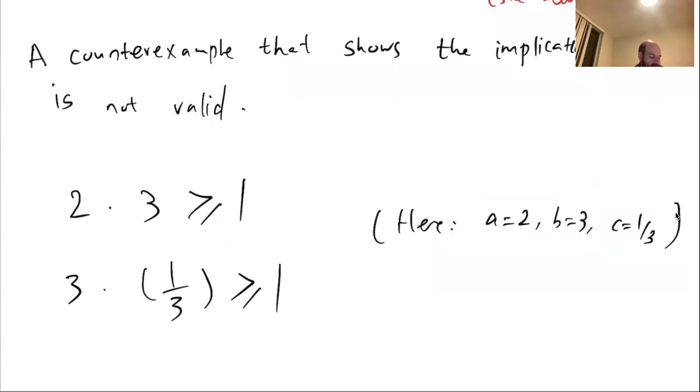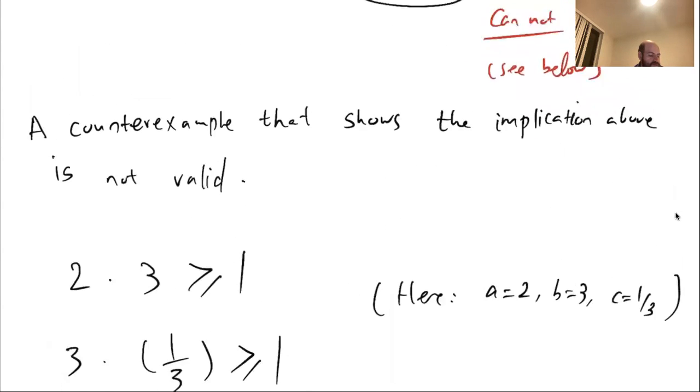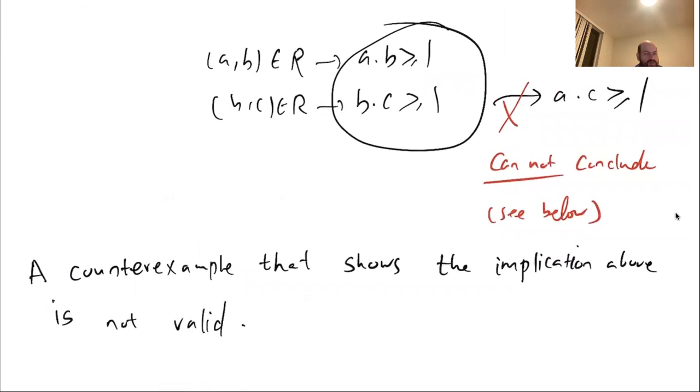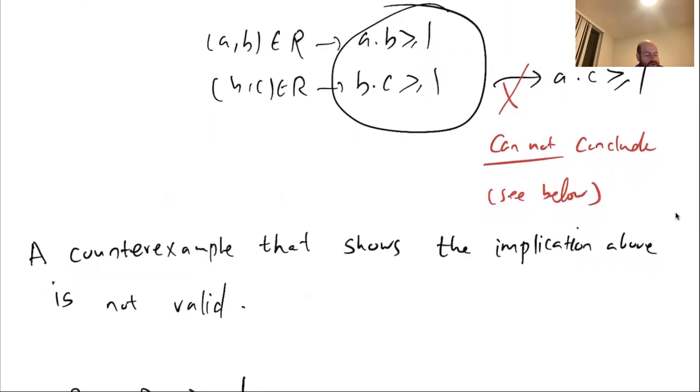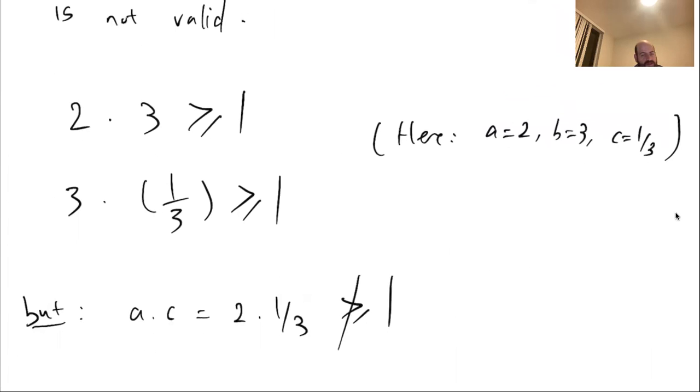But what will be A times C? A times C will be 2 times 1 over 3, which is not bigger than or equal to 1. So A times B is bigger than or equal to 1. B times C is bigger than or equal to 1. But in this case, A times C is 2/3, which is not bigger than or equal to 1.